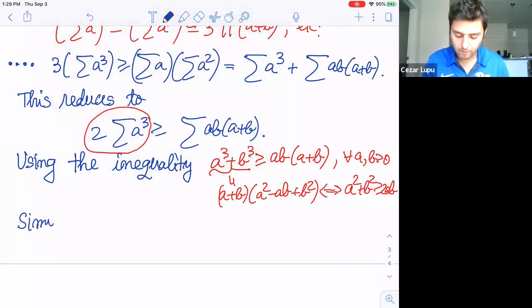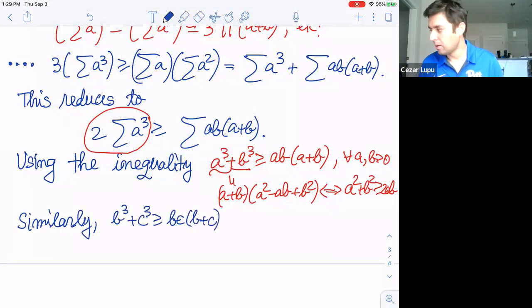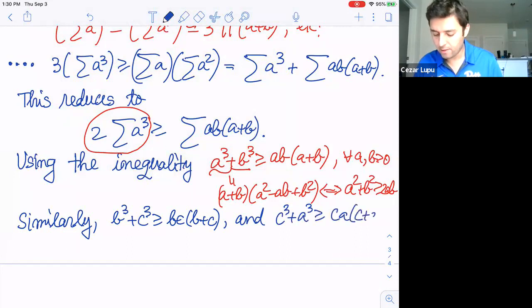Okay, and now we want to use this. Similarly, what do we have? b cubed plus c cubed is greater or equal than bc times (b plus c), right? And c cubed plus a cubed is greater or equal than ca times (c plus a). Guess what?